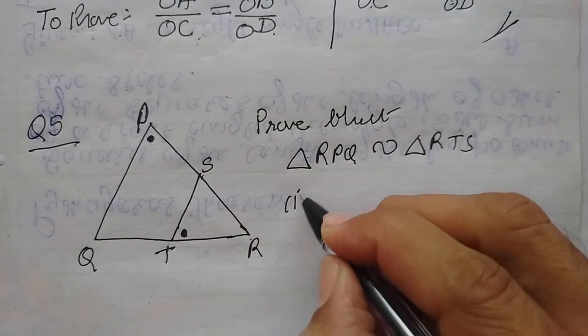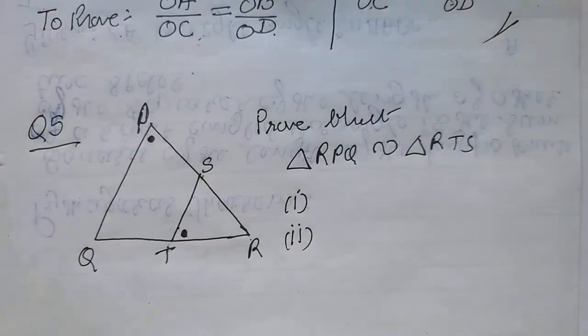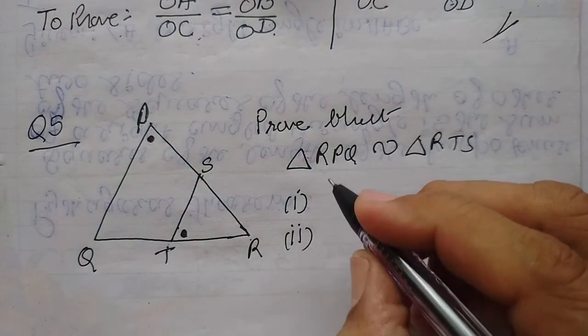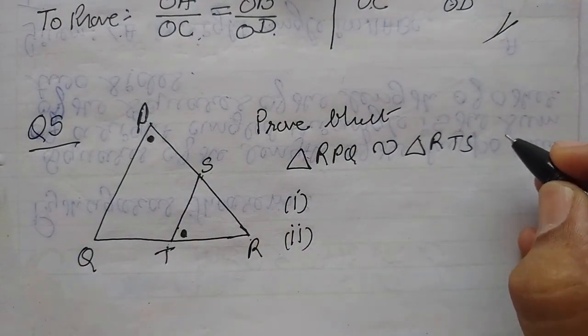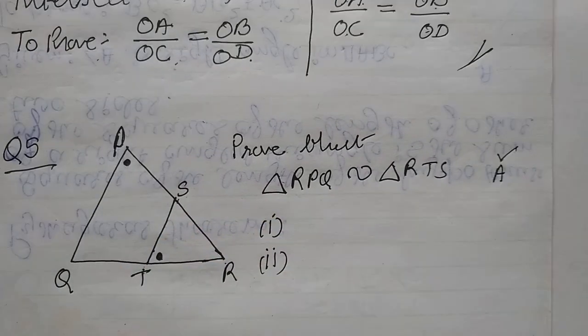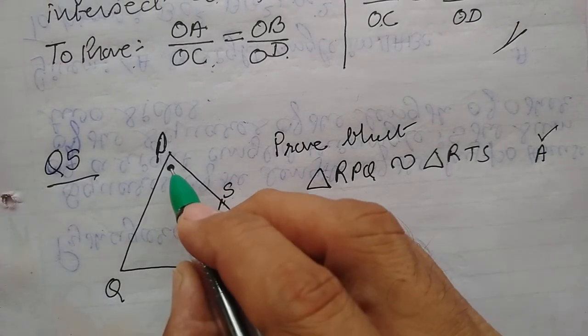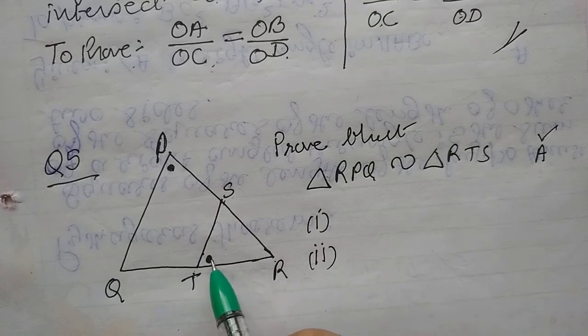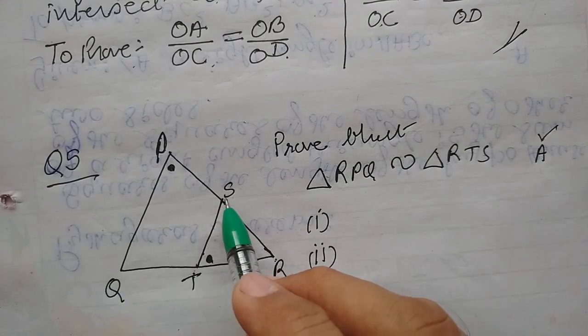So now, children, we know that we require this angle and this angle. Now see, children, here angle P is congruent to angle RTS.